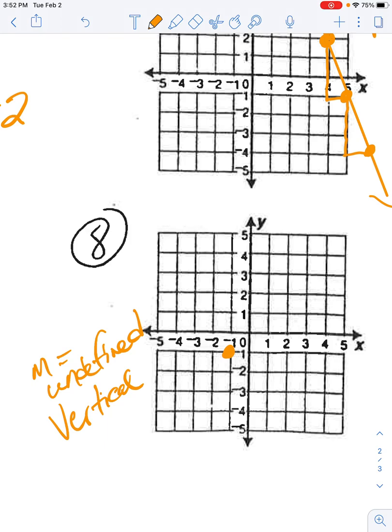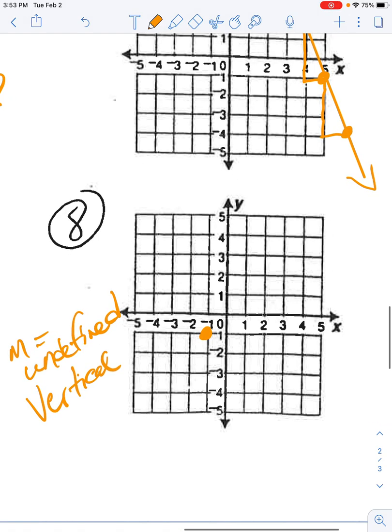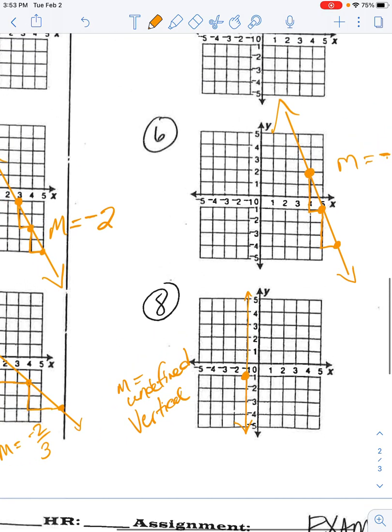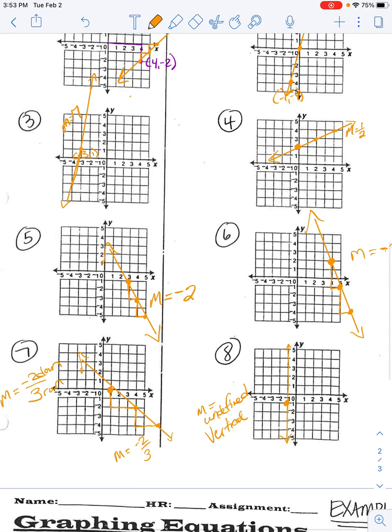So vertical just means straight up and down, and we don't know what the slope is. It's undefined, vertical. If it would have said m equals 0, then it would have been a horizontal line going this way, but it didn't. It said undefined, which means we're not quite sure. It's a straight vertical line.